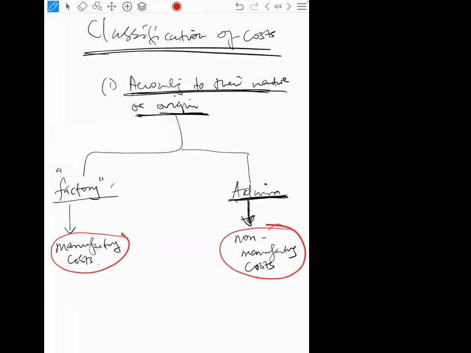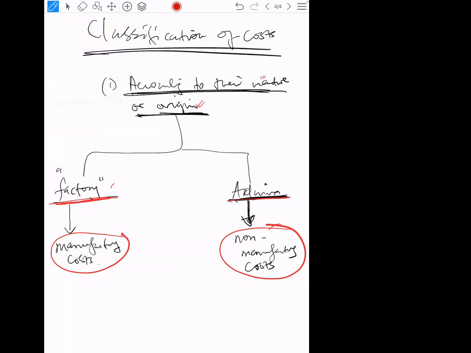What do we mean by origin, roots, in nature? Is it a manufacturing cost or non-manufacturing? Origin, does it emanate from the factory or from the admin side? Right. Then we can further go explain now what a manufacturing cost is.